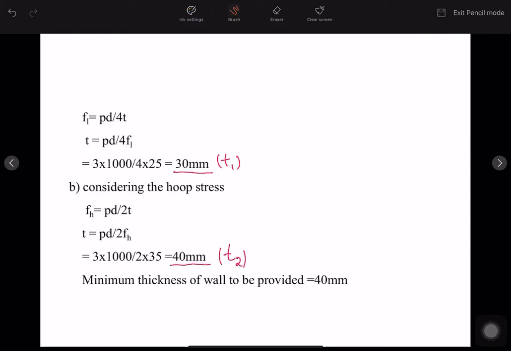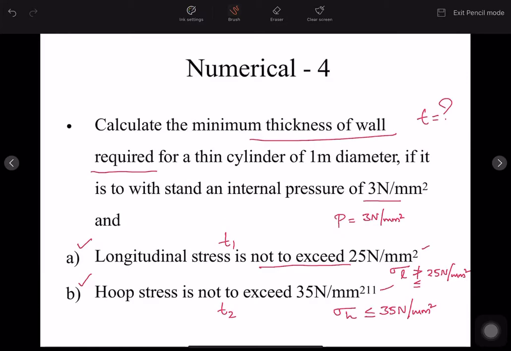So here you need to observe these things nicely. As he has asked us to calculate the minimum thickness, it doesn't mean the minimum value among t1 and t2 is the answer.